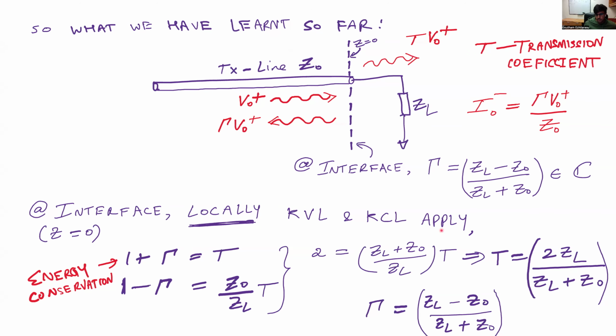Obviously, if the link at the z equals 0 interface was perfectly matched, then ZL is equal to Z naught, and therefore the reflection coefficient gamma is going to be 0, but the transmission coefficient is going to be non-zero because all the incident wave is transmitted to the load. From the signal integrity standpoint, this is exactly what we want.